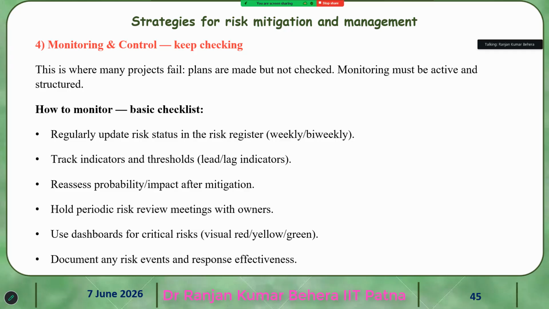And hold periodic risk review meetings with owners. Then use a dashboard for critical risks, visual red, yellow, green, which I have already discussed. Document any risk event and response effectiveness.